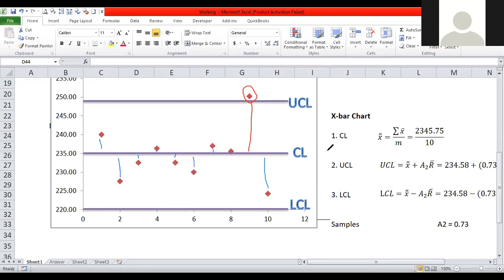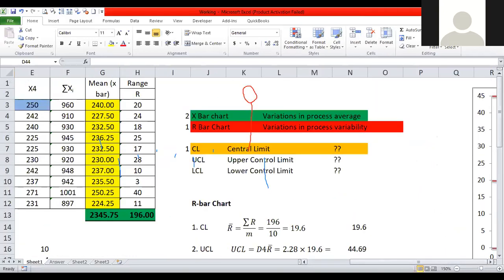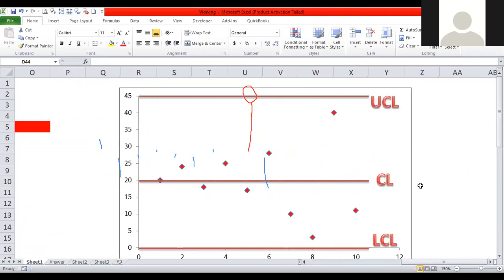immediately. Okay, and we studied two different charts. This is the X bar chart, and we have also studied the range chart. As per the range chart, there is no problem.